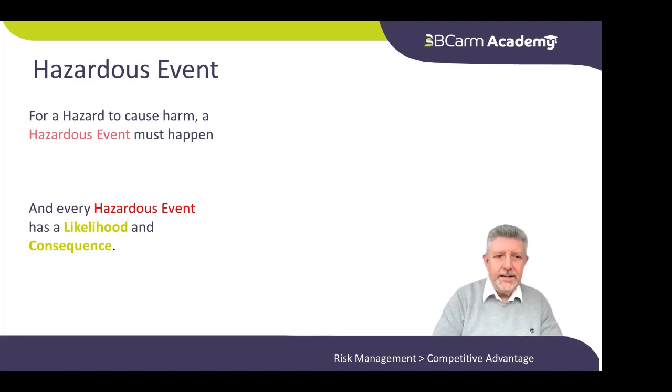So that event has now taken place, and that event has 2 strands to it. One being the likelihood, so that's the chance of it actually happening, and the other being the consequence or the severity of injury. So if we have our pothole in the corner of the car park, where not many people walk, then maybe the chance or the likelihood is somewhat reduced of somebody tripping up there.